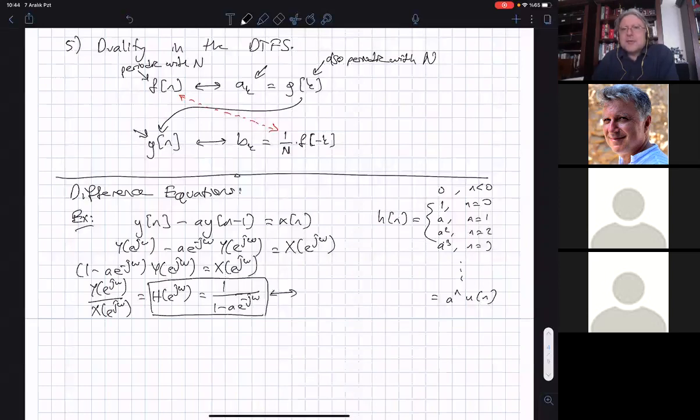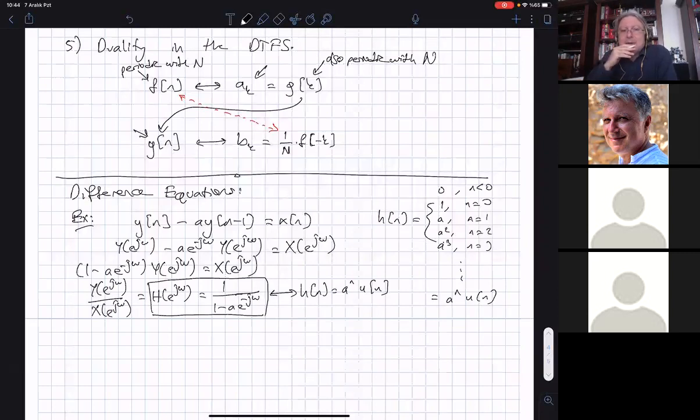Can you find the inverse discrete time Fourier transform of this? Yes, by looking at the tables, and you will immediately notice that it will give you h of n equal to a to the n u of n, because 1 over 1 minus a e to the minus j omega is the Fourier transform of a to the n u of n. It was our example number 1.